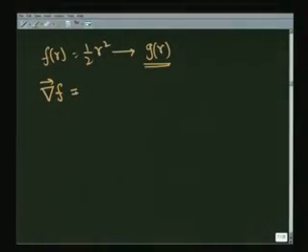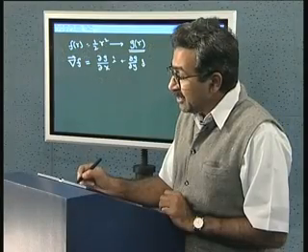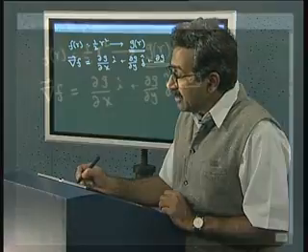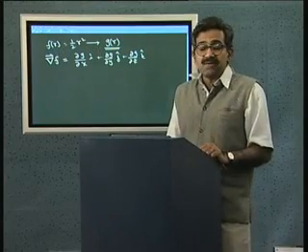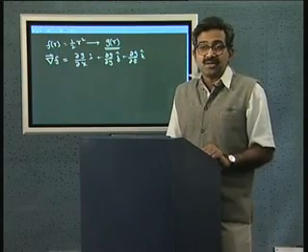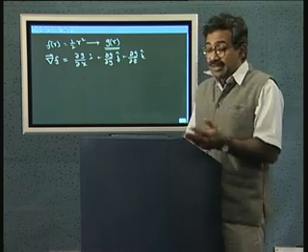So what is the gradient of this function? I will leave it as a simple exercise for you to work out, because there is nothing much to do except differentiation. This object will be simply given by delta g by delta x i plus delta g by delta y j plus delta g by delta z k, and this g is only a function of r. Therefore, if I know what my delta r by delta x, delta r by delta y, and delta r by delta z are, I can calculate this.